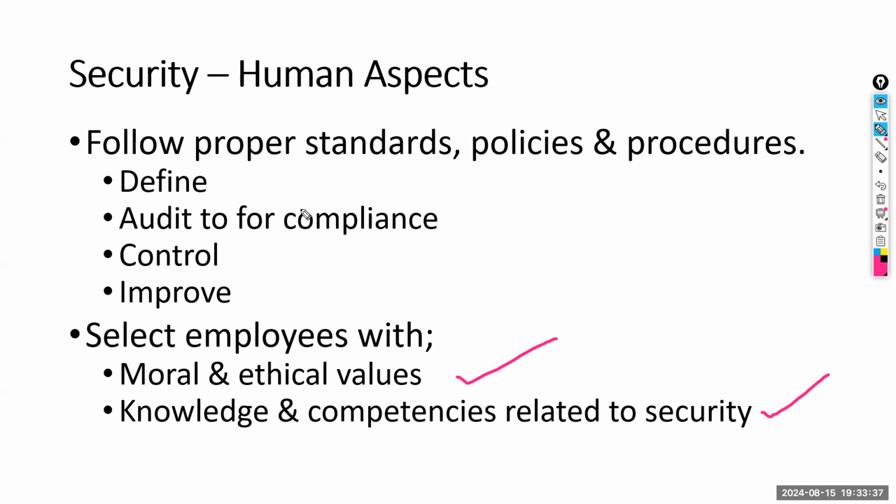At the same time, we need to make sure that proper standards, policies, procedures are there so that everyone follows them, because otherwise there can be mistakes, or maybe some vicious person might misuse. So in order to minimize that, organizations set up standards related to information security. Sometimes we have the chief information security officer set up policies and procedures, because we can't always rely on the professionalism of the people. One thing is they make mistakes, which may not be very serious, or there can be vicious people.